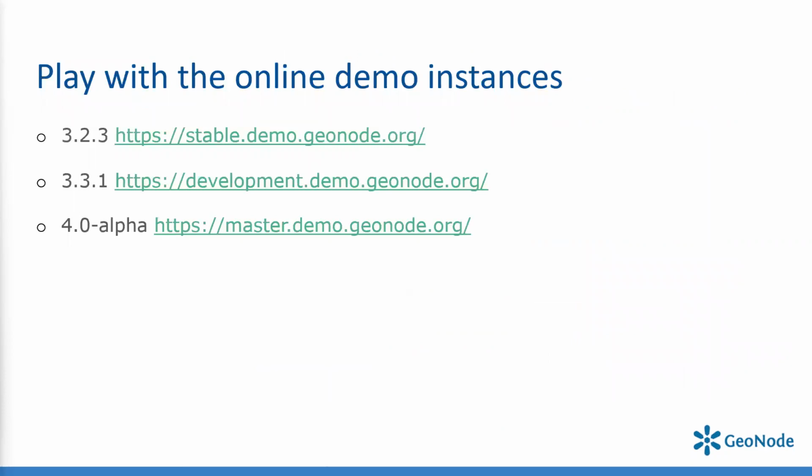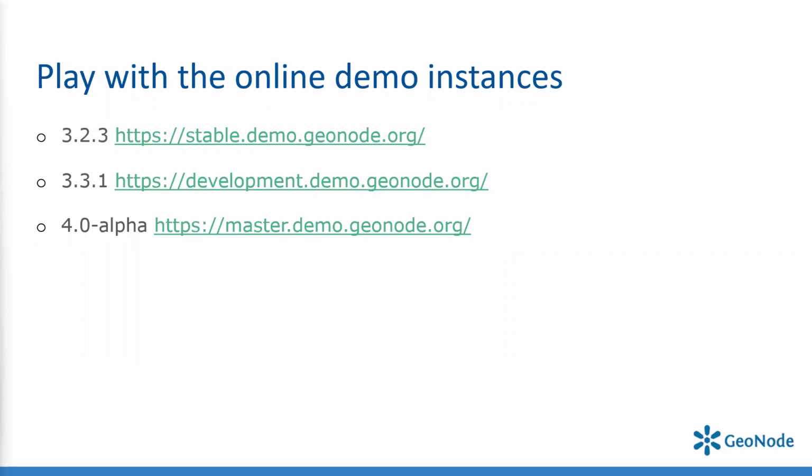Okay, there are online demos available that you can try by yourself. They are constantly updated with the latest commit. So you can try the functionalities and the latest updates for the 3 versions of GeoNode currently available.